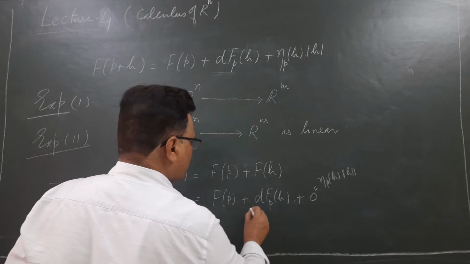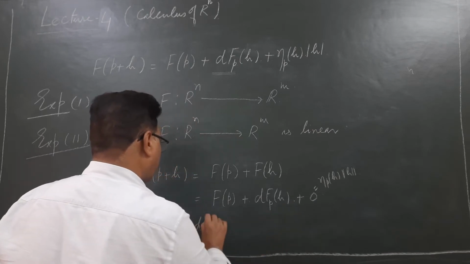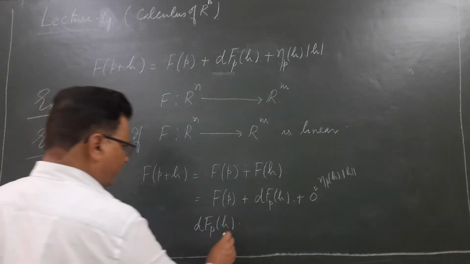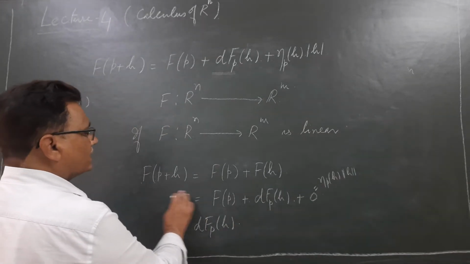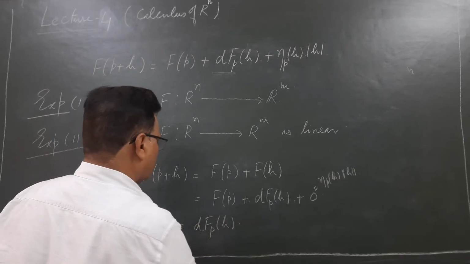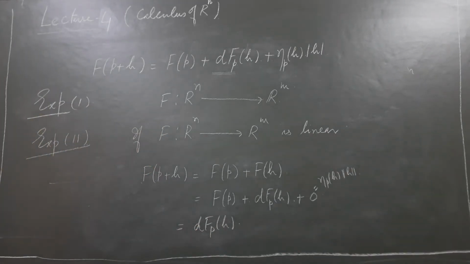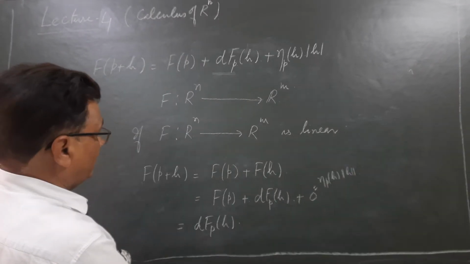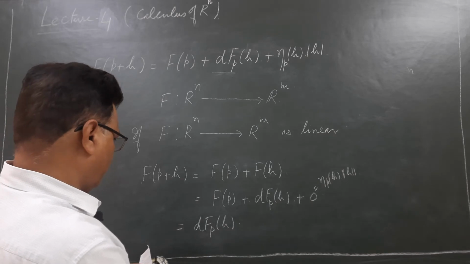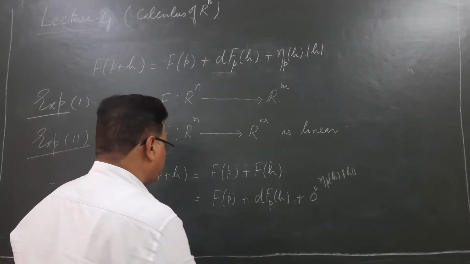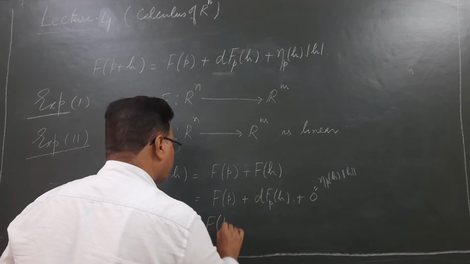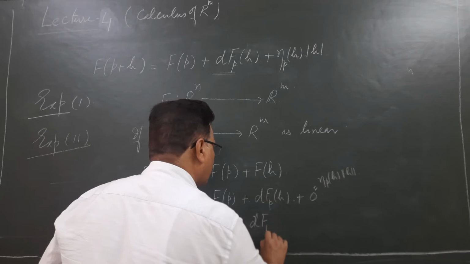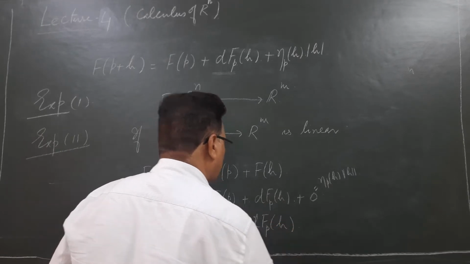And what happens is that the differential of f, df p h, is in fact this f of h. So this shows that f of p plus h is f of p plus df p h.